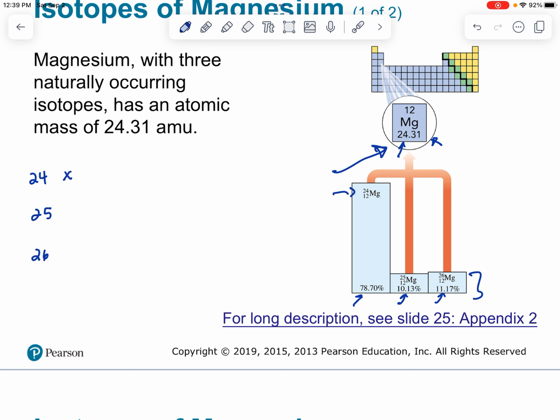Well, if you multiply by the relative abundance in decimal form, 0.1013 times 0.117, these are the percentages divided by 100, and if you add them all together, you will get 24.3.